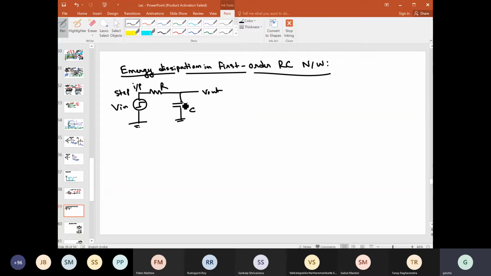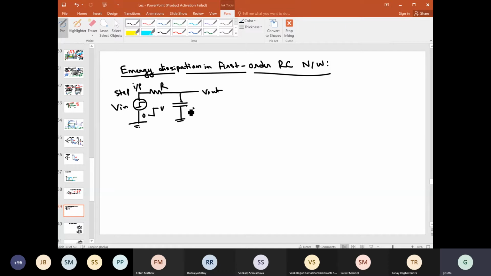Remember, this is a step input. Suppose the voltage is changing from 0 to V. Then finally this capacitor also has to be charged to V, so the V out should be equal to V.